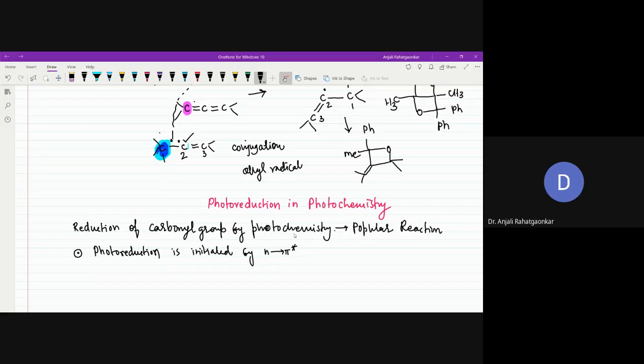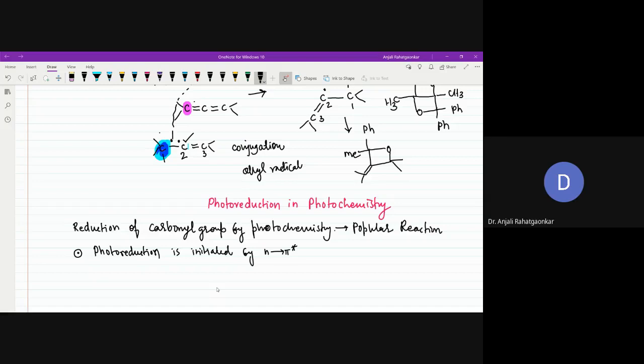Whenever you start any reaction, you must know how the reaction is initiated, because once the light is incident on your substrate, you must understand what type of transition will take place.